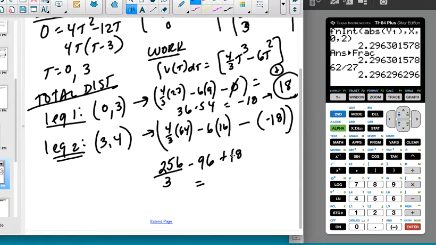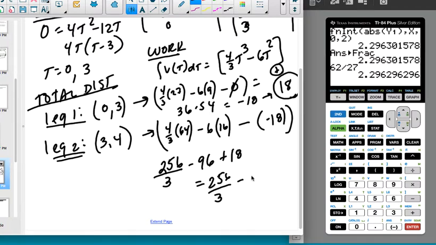This is going to net positive, so 256 over 3. If I multiply 96 by 3, the easiest thing to do is pretend it's 100 times 3, which would be 300, but you're 4 short of 100, so you're going to be 12 short.